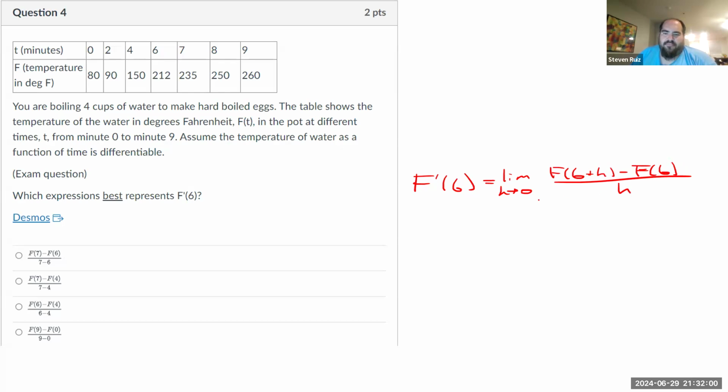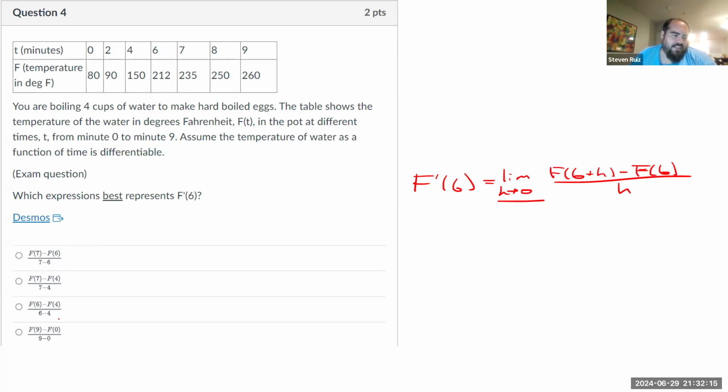I'm sure this calculation looks familiar to you at this point, but let's focus on the limit operator. What does this signify? It signifies that I want h to be as close to 0 as possible.